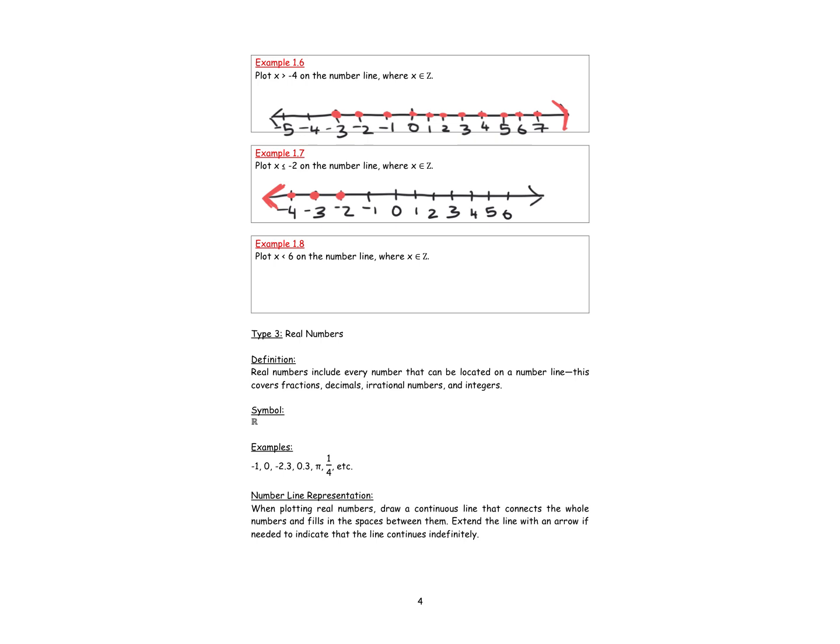Example 1.8 says plot x is less than 6 on the number line where x is an element of Z. Again, here I'm going to start by drawing my number line, popping 0 in the center. As it is less than 6, we have to go right the way up to 6.